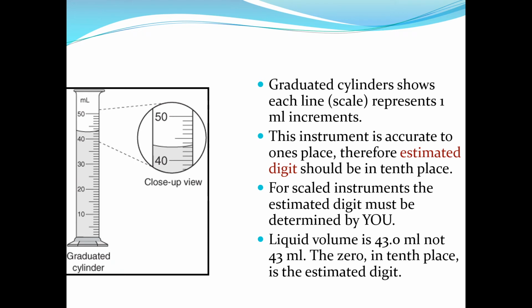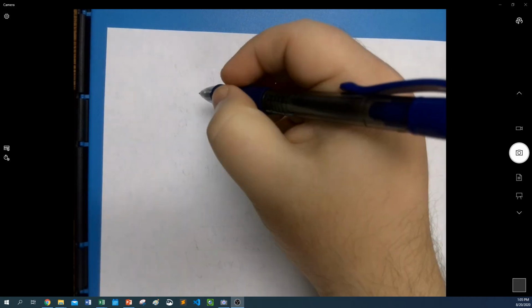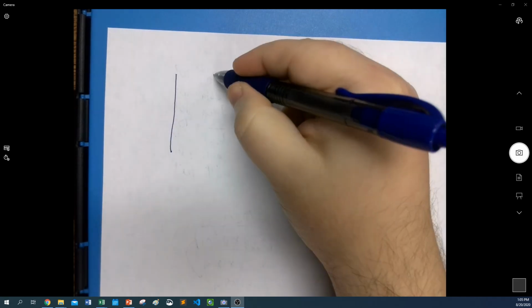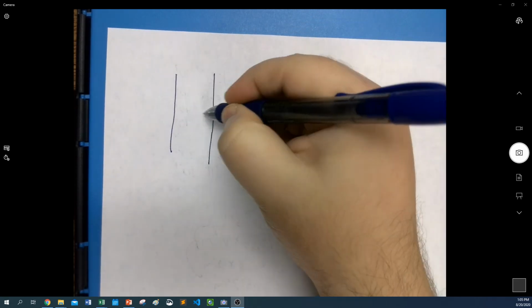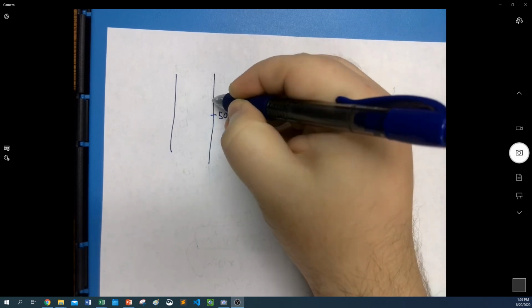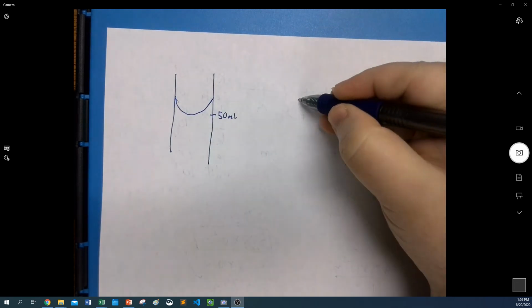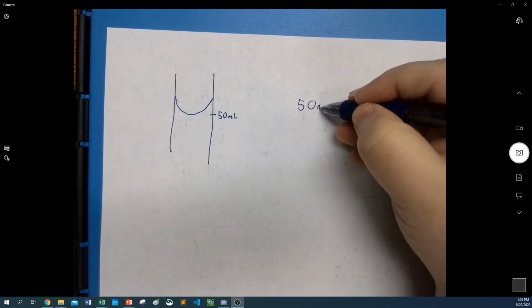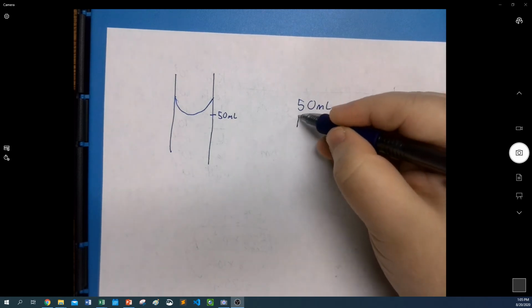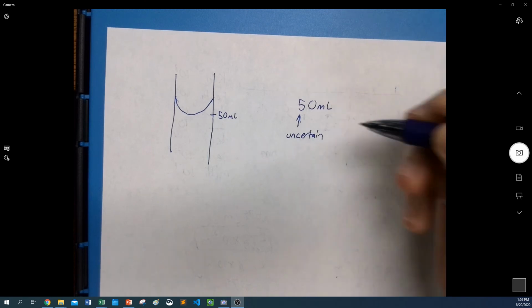Let me show you the reason why. So we have a very formal way. Let's say that something is exactly at 50 milliliters, or around 50 milliliters. If you were to record the answer 50 milliliters, what this is indicating is that you are unsure or uncertain of this digit.